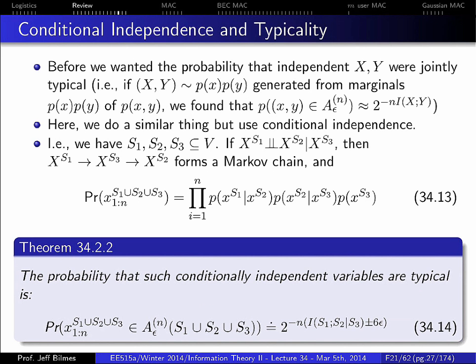What that says is that when we have things generated according to a conditional independence, which corresponds to that analogous situation I just described, the probability is 2 to the negative n times the conditional mutual information. Which kind of makes sense, because if things are drawn conditionally independently when they're not, then that probability is going to go to 0.